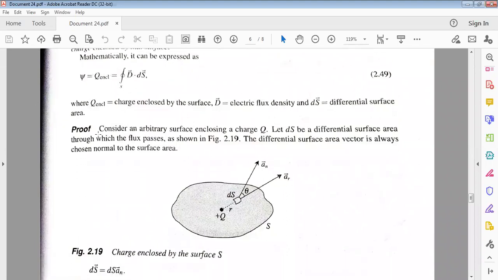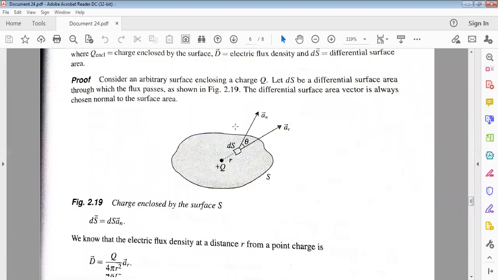Next, you have to prove the same, where Q enclosed is the enclosed charge, D is the electric flux density, and dS is the differential surface area. To define the proof, consider an arbitrary surface, not a circular one, enclosing a charge Q. Let dS be a differential surface area through which net flux passes.